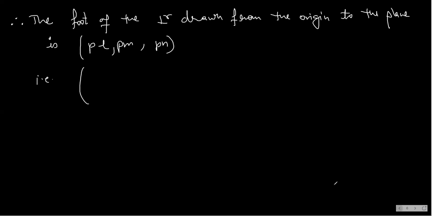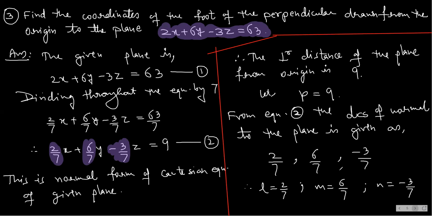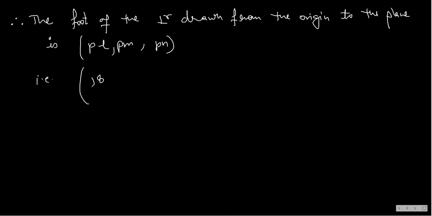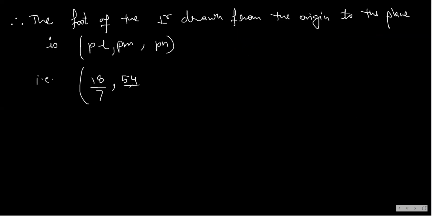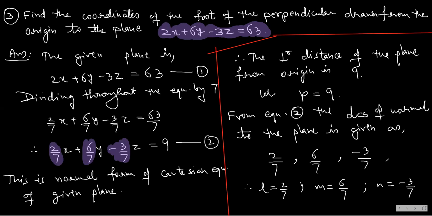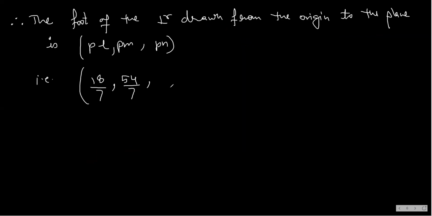What is p? p is 9. So pl is 9 into 2 by 7, that is 18 upon 7. pm is 9 into 6 by 7, that is 54 by 7. pn is 9 into minus 3 by 7, that is minus 27 by 7. This is the answer. I hope you followed it.